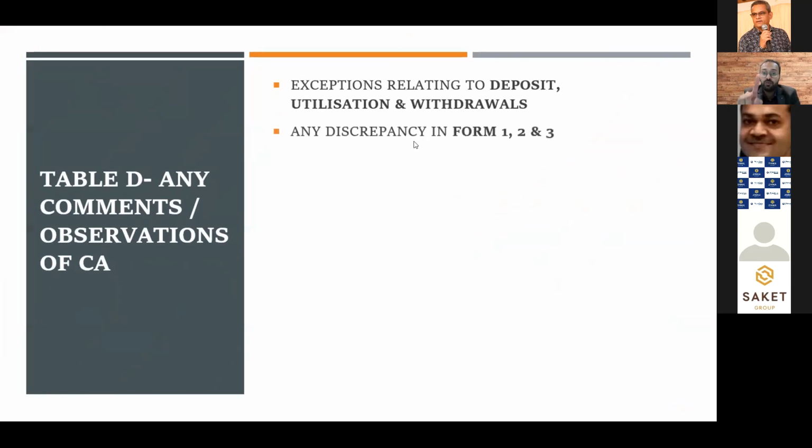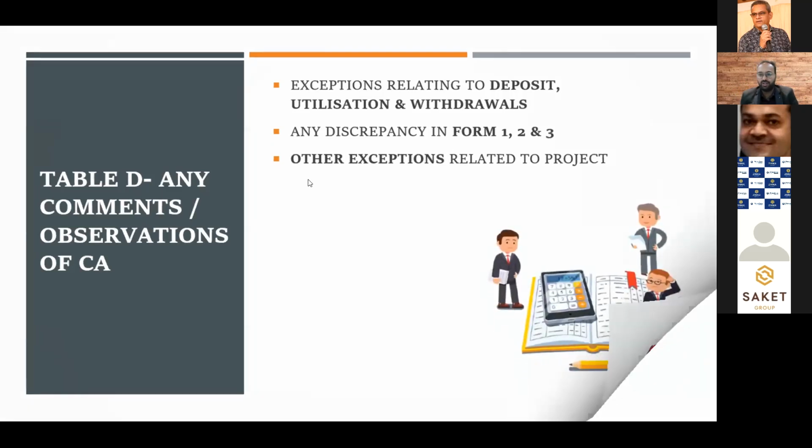Any discrepancy: Form 5 has the authority to comment upon any of the certificates issued earlier. So he can mention any discrepancy very well here; a separate table has been given. How can a CA give a discrepancy in Form 1? No, he cannot issue that, but obviously if earlier there were minor discrepancies in the subject clause, like latitude and longitude, he can mention them. But he cannot comment on the physical verification, which needs technical expertise that he does not have. So we cannot comment on that. Any other exceptions you can mention here relating to Form 5.